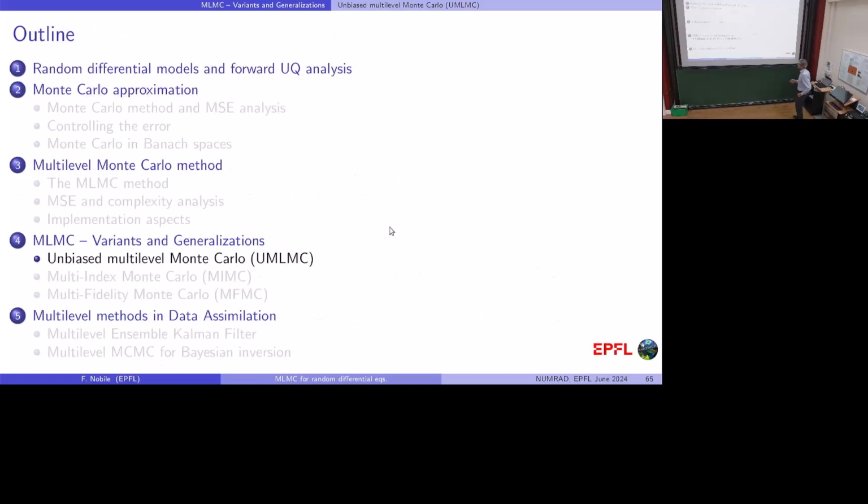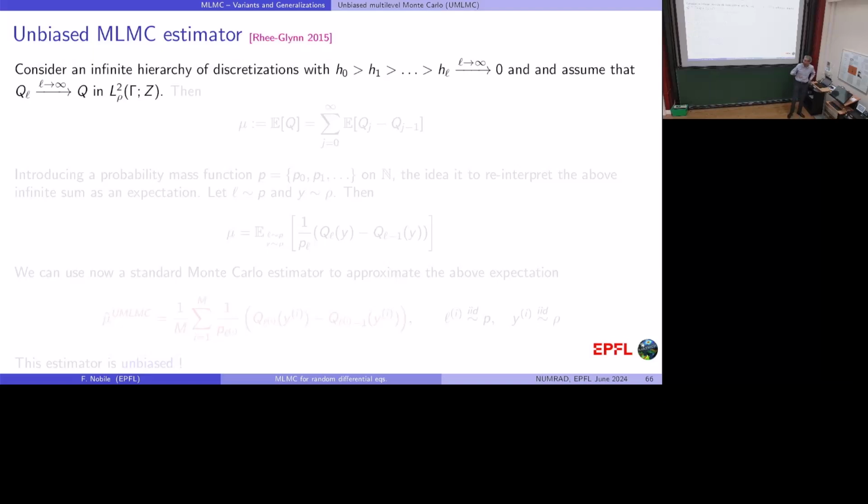Okay, so let's now go to today's part. The first variant or generalization of the multi-level construction is this nice idea of an unbiased multi-level estimator, which was proposed by Rhee and Glynn in 2015.